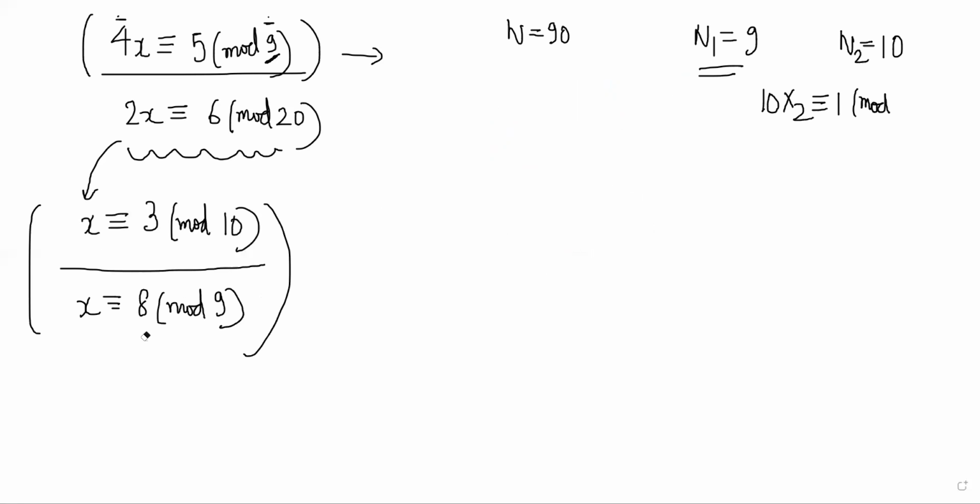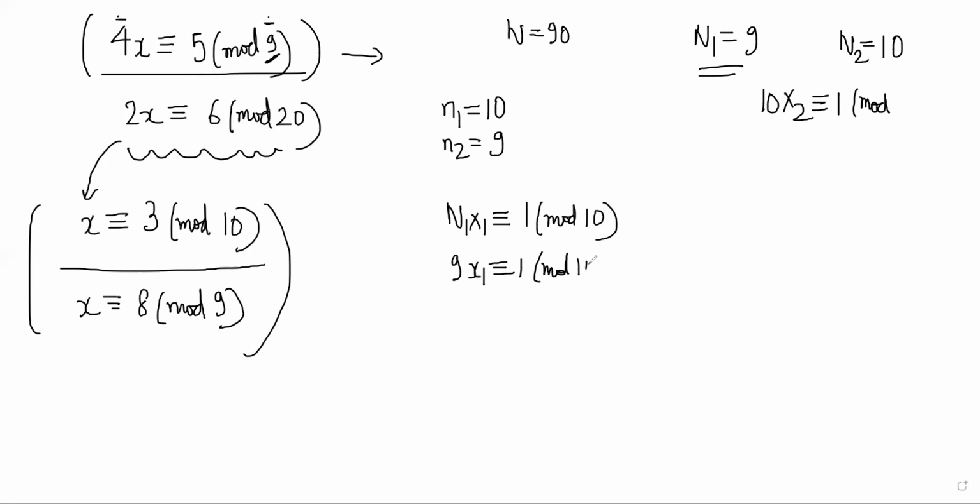I have to label everything properly. Small n1 is 10, let's say, and small n2 is 9. That's why your capital N1 was 9, because 90 by 10. So N1 X1 is congruent to 1 mod 10, and this is 9 X1 congruent to 1 mod 10.